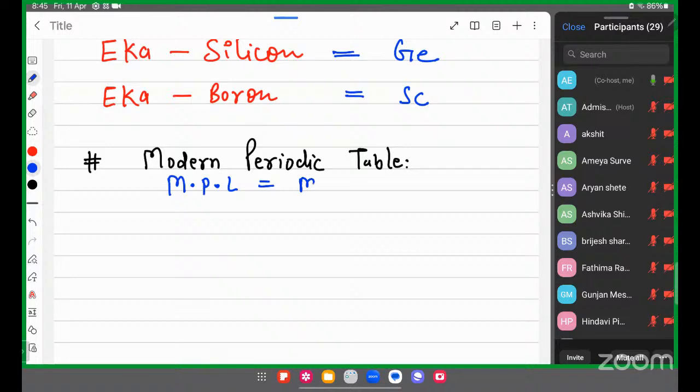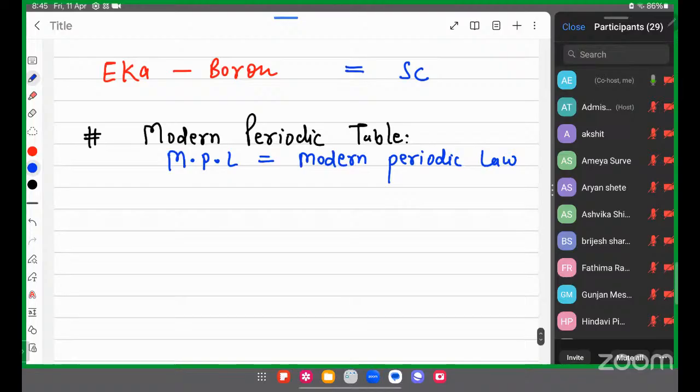MPL stands for modern periodic law, which states that if we arrange elements in increasing order of their atomic number, there will be repetition in the properties of the elements at regular intervals. In other words, it is also given as: the physical and chemical properties of the elements are a periodic function of their atomic number, not atomic mass.